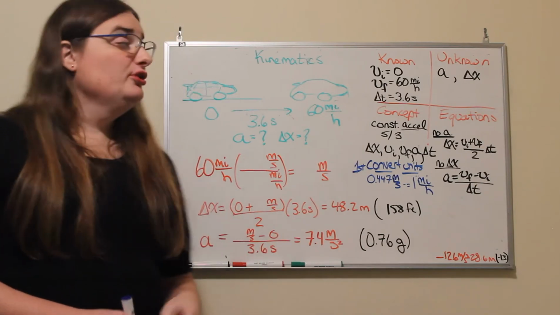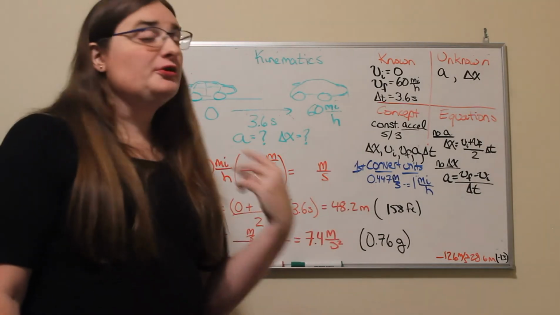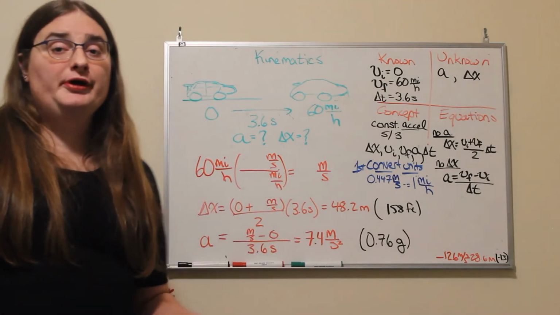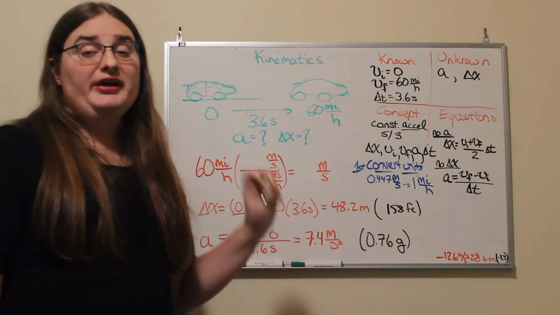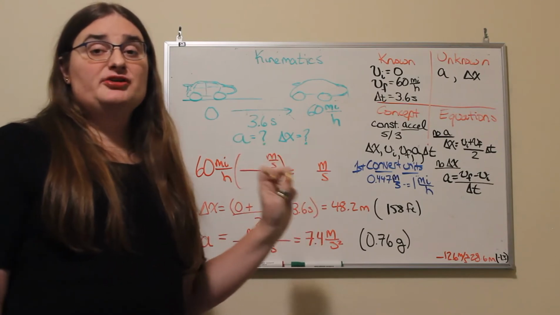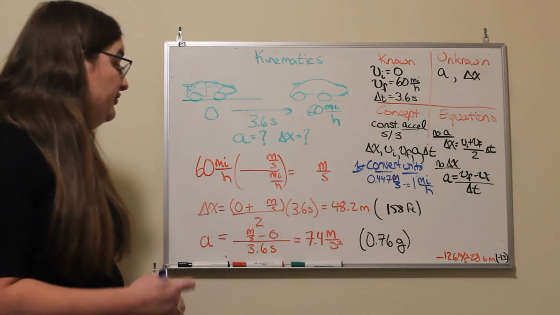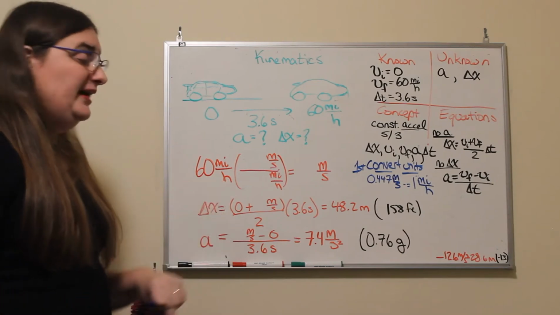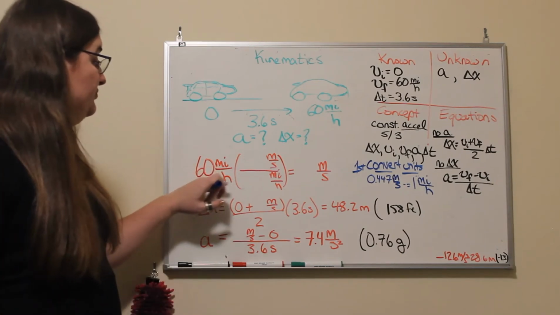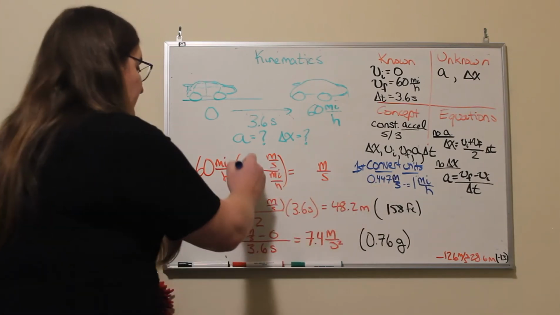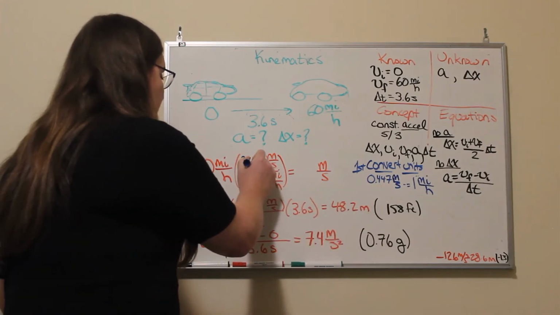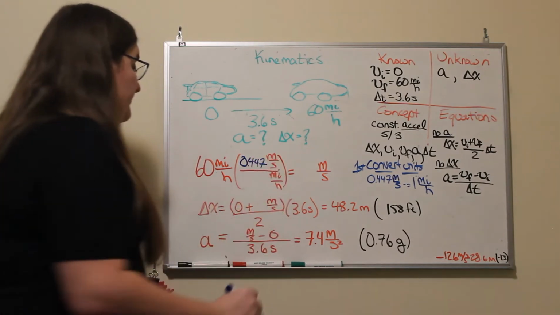So the conversion for meters per second and miles per hour: every 1 mile per hour is 0.447 meters per second. So to convert units, we start with miles per hour. We want to replace it with meters per second. So I have my big fraction. Next to meters per second, I have 0.447.